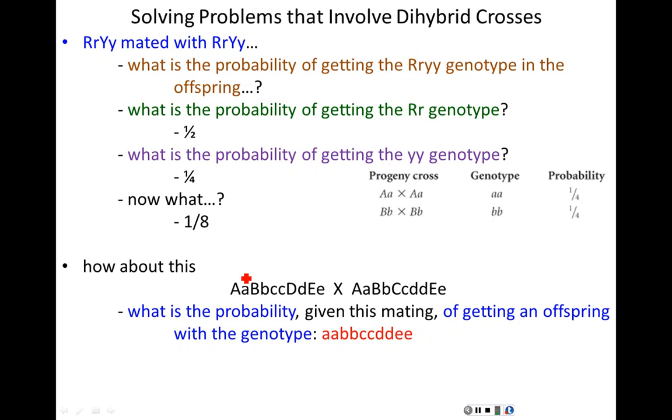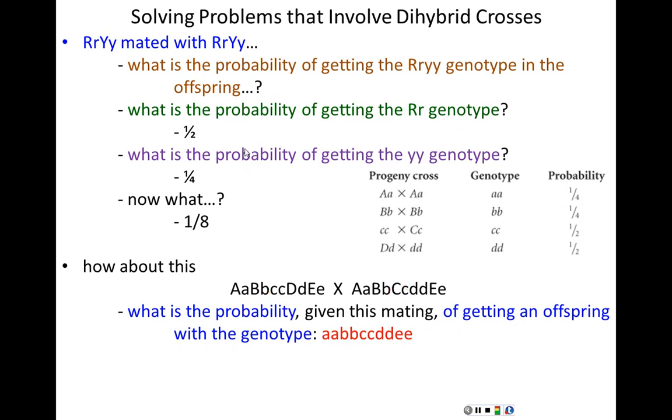Same thing. It's 1/4, because for the B's it's also heterozygote by heterozygote. Now the C's. What's the probability of getting 2 recessive C alleles? This is a little different because it's a homozygotic recessive parent crossed with a heterozygote. So if you did a quick Punnett square on a side piece of paper or in your head, you would get a 1/2 probability.